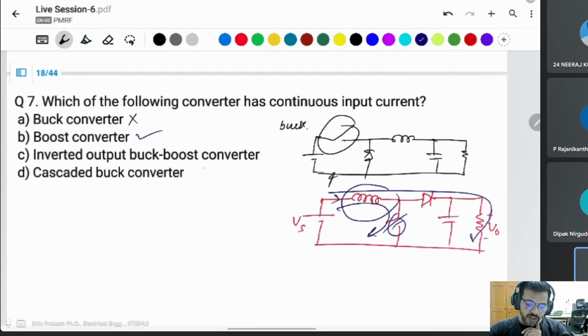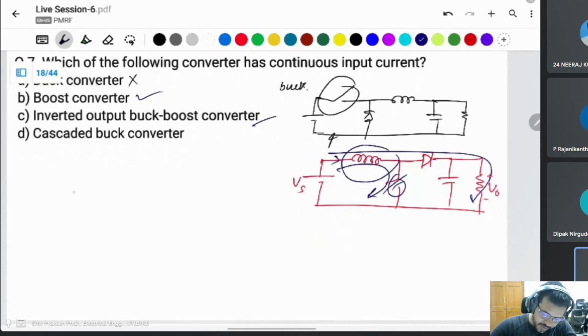Inverted output buck boost converter. The inverted output buck boost converter is the same as the buck boost converter. There is a switch, then the inductor.